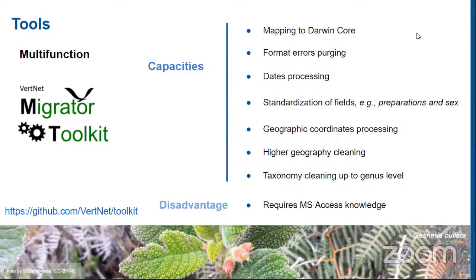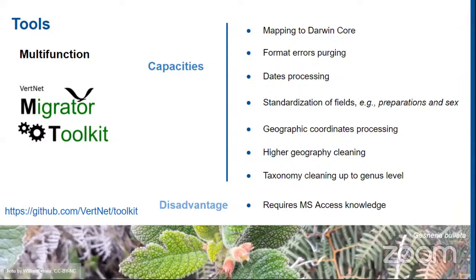So with the migrator, we can map to Darwin Core. We can correct format errors. It does have functions for processing dates. We can standardize different fields like sex or preparations. It also has the processing of geographic coordinates and cleaning of higher geography fields, and some taxonomic cleaning up to the level of genus.